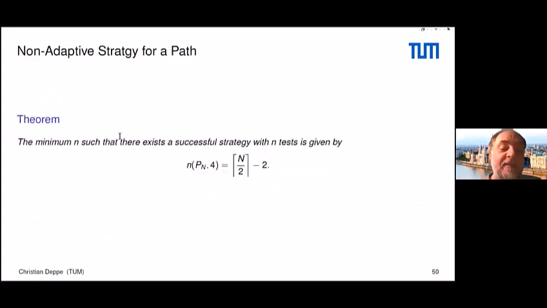Okay, so that means our theorem, what we get, is really we have a minimum n again, so that in this case the number of strategies can be written again in this form. So also we get the other form if we make it dependent on the number of questions. That was a really nice idea.